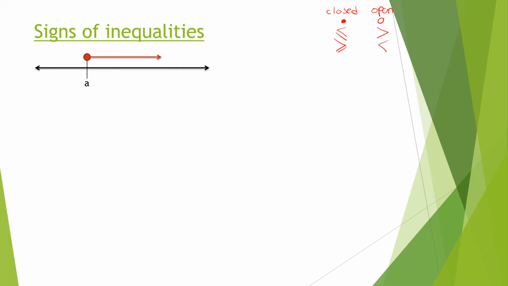So here A is the number, and X is all that's on this graph, all the numbers the line is pointing to. So it's X, all that's greater than A, but it's greater than or equal because it's closed.